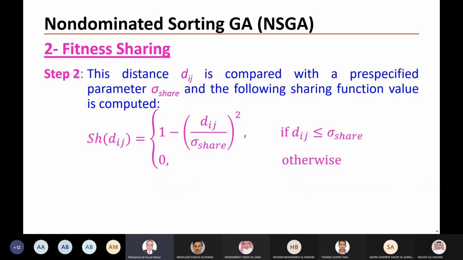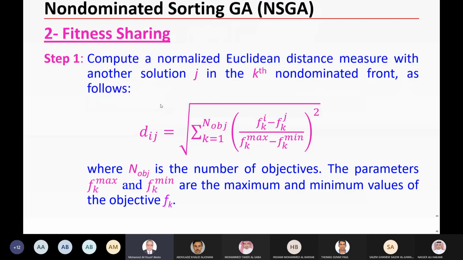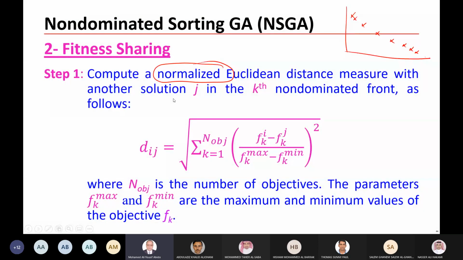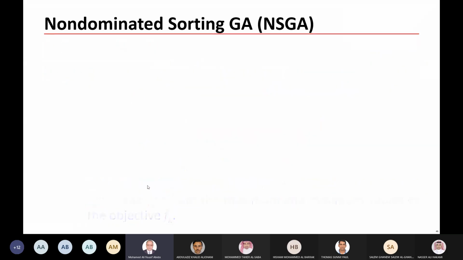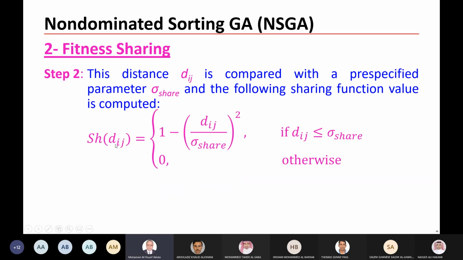And you start here for each solution in the front. As we mentioned, you calculate all the distances here, and you compute a normalized Euclidean distance for a solution J. Here, Dij is the distance between any two solutions I and J. Based on this distance, you calculate the sharing.